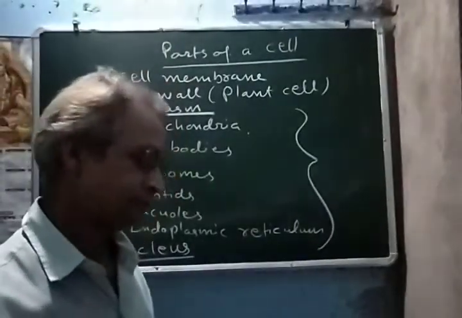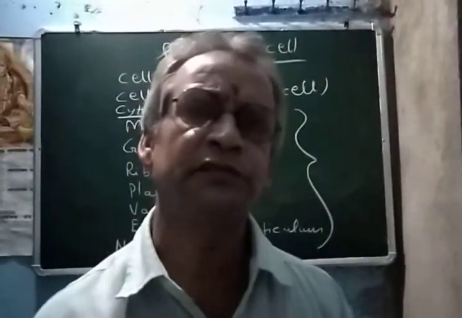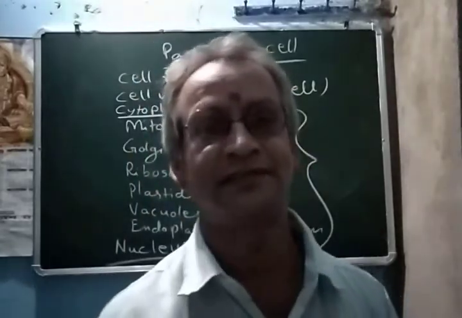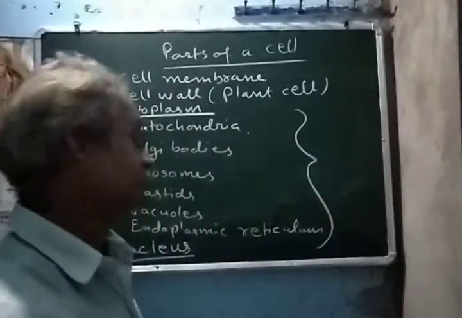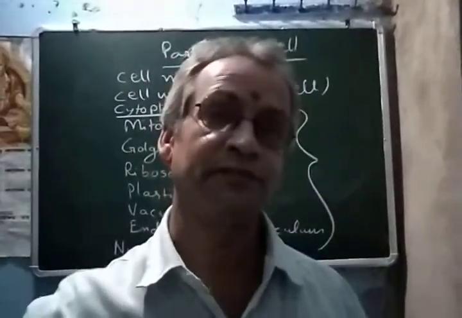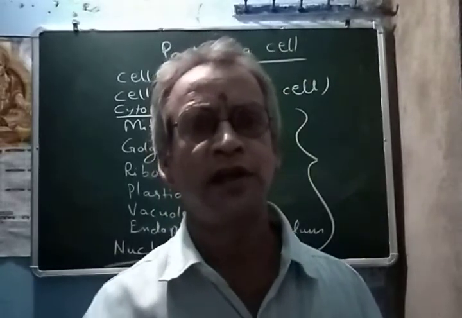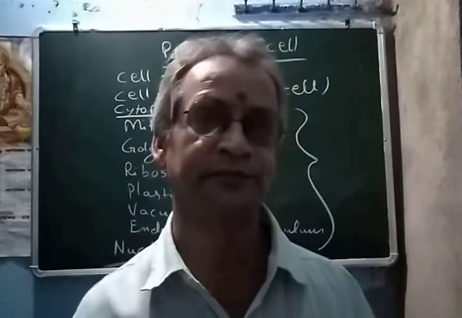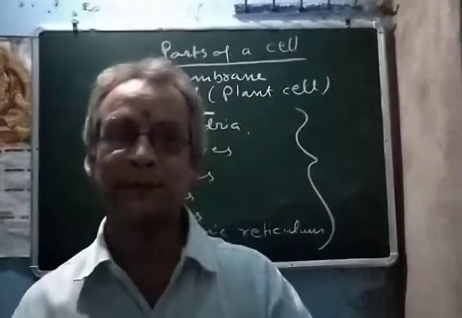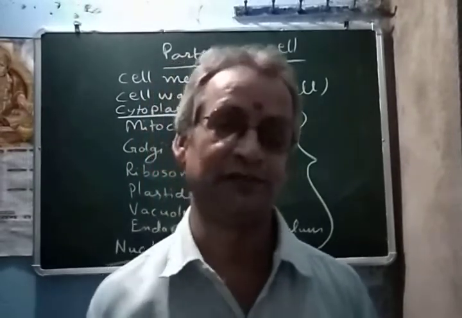And some cells have not a true nucleus, but in some plant cells and animal cells, nucleus is surrounded by a nuclear membrane, which is called eukaryotic cell.